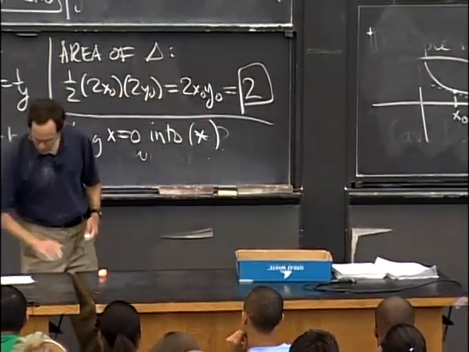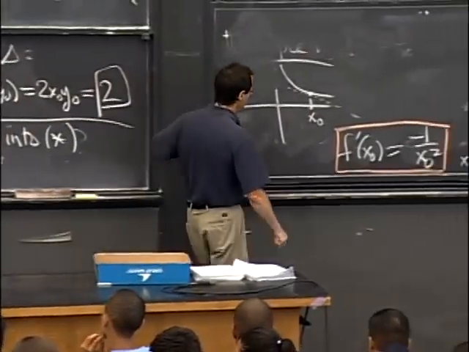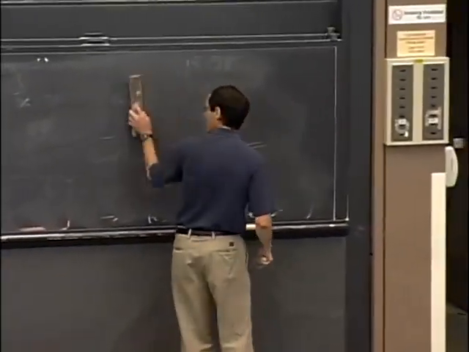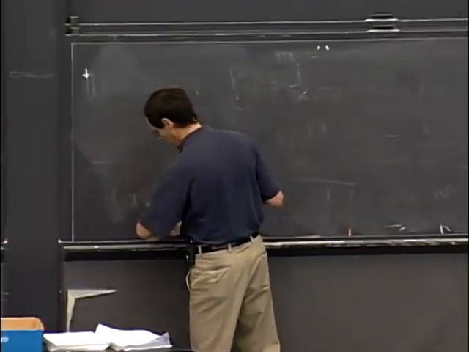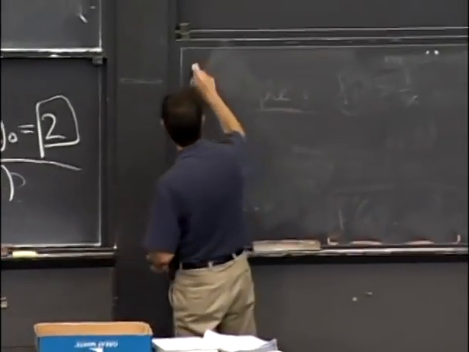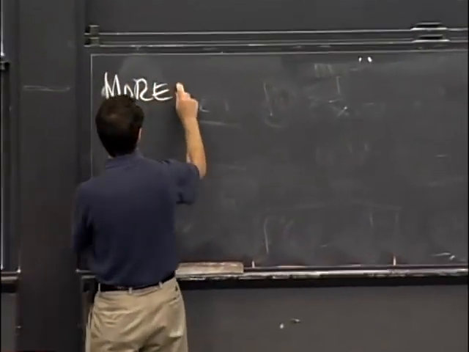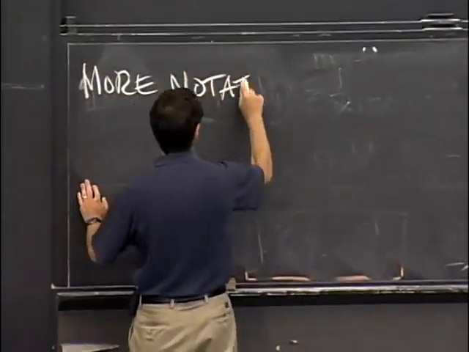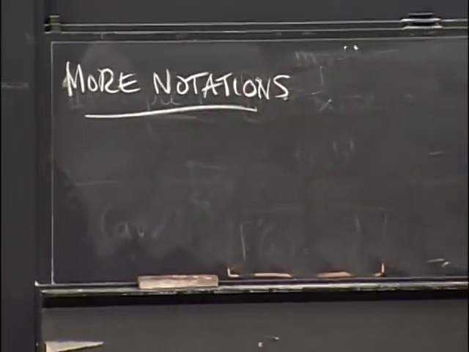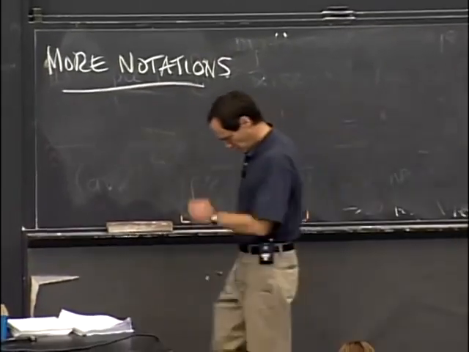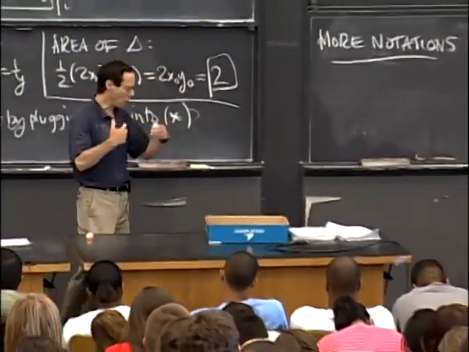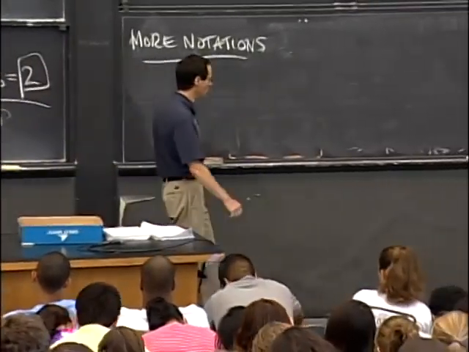All right. So we still have more business today, some serious business. So let me continue. First of all, I want to give you a few more notations. These are just other notations that people use to refer to derivatives.